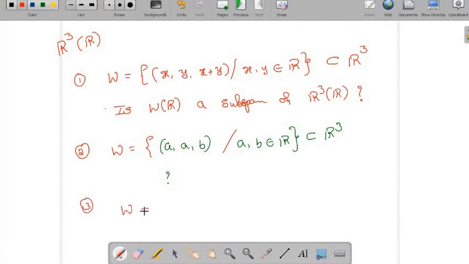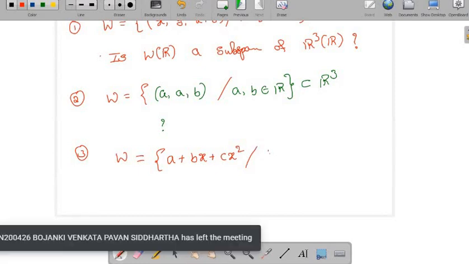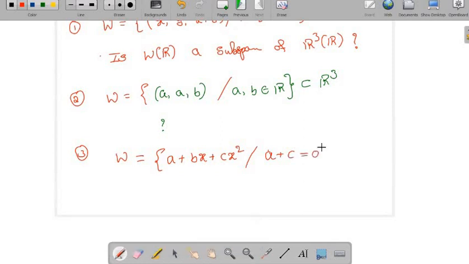And the third one, W equal to, now I'll jump to polynomials. Let me take: a plus bx plus cx square. This is a polynomial such that a plus c equal to 0, where I'm taking a, b, c from real numbers.